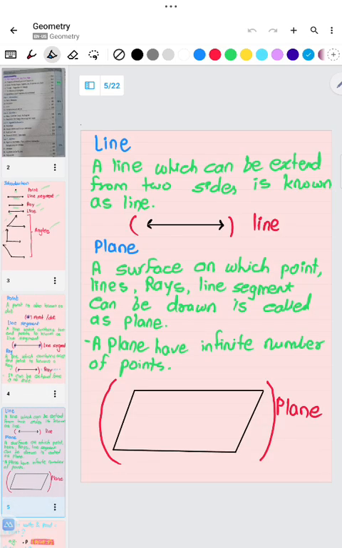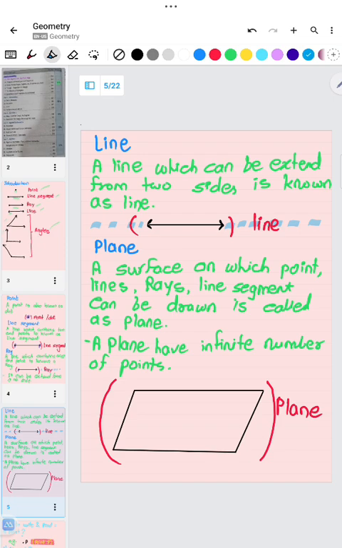A line which can be extended from two sides is known as line. Line can be extended from both sides, and it has no endpoints. It has two arrows. Arrows denote that it can extend from two sides.